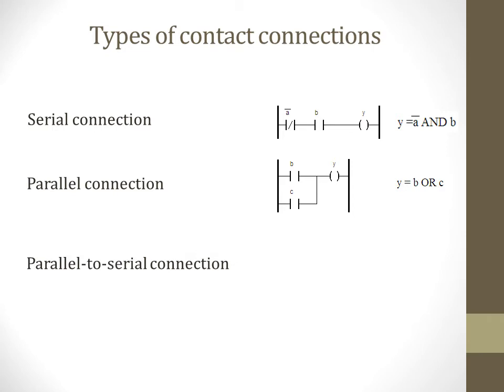The third type of connection is called parallel to serial connection. It's a mix of two types of connections, and this connection in the picture can be described by the next equation. As I said, it's a mixture of AND and OR operations.